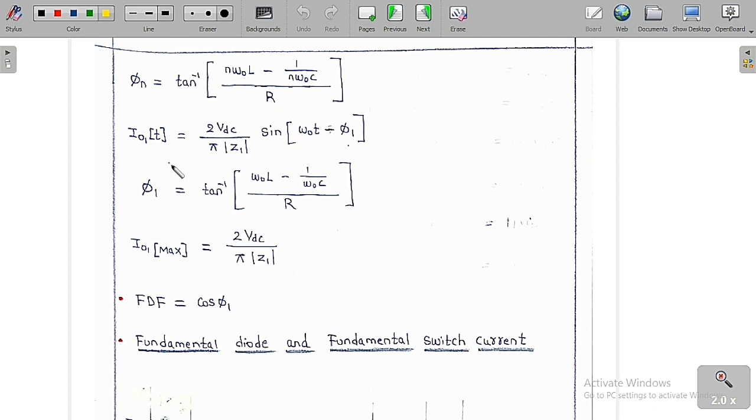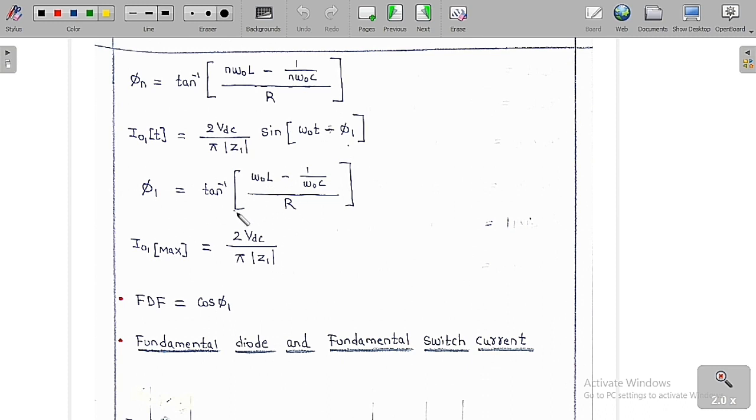Here the magnitude of Z1 is equal to the square root of R squared plus (omega naught L minus 1 by omega naught C) whole squared. Similarly, substituting n equal to 1, phi 1 is equal to tan inverse of (omega naught L minus 1 by omega naught C) by R. So this is the angle phi 1 we are going to get.